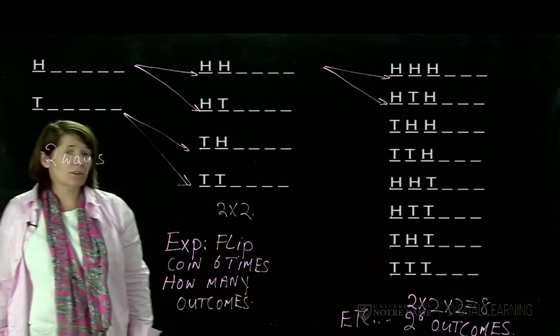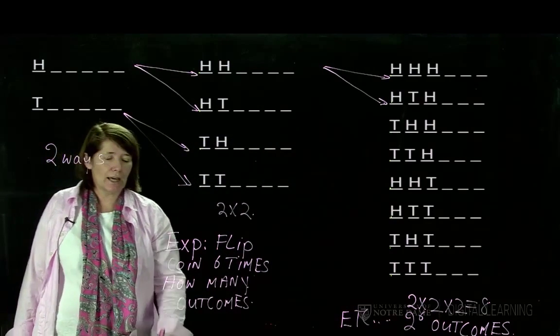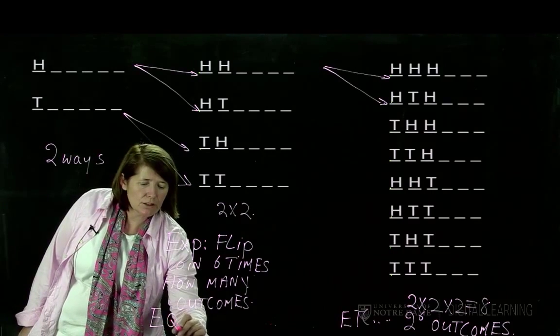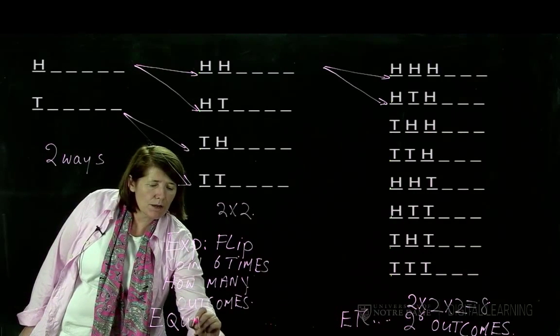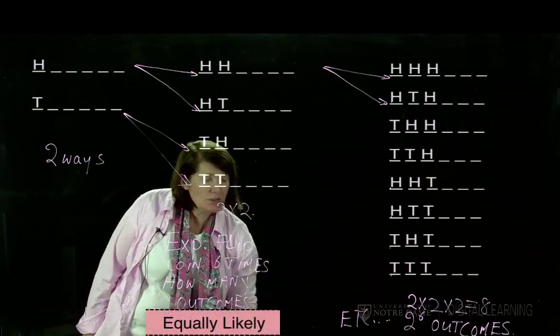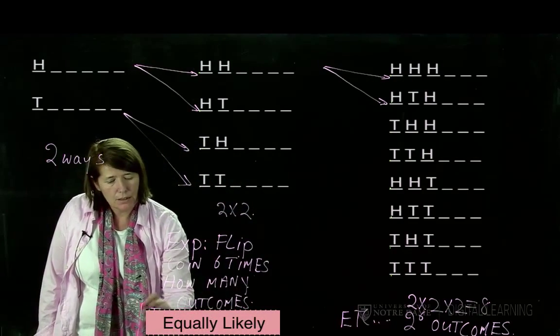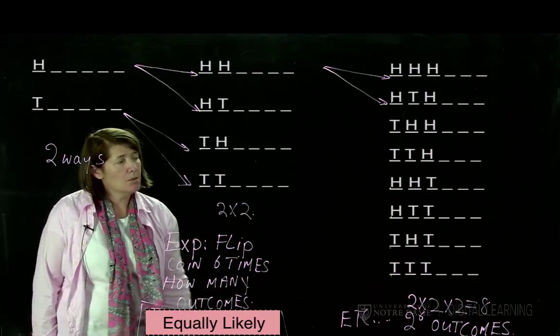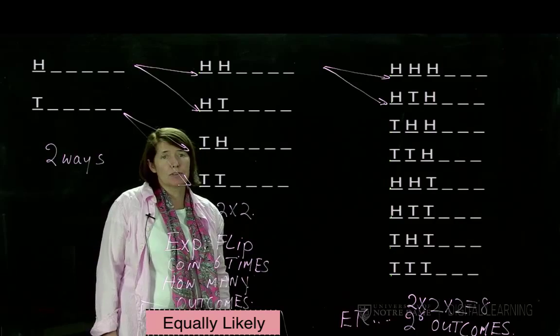Now each of these outcomes is equally likely, so therefore I'm going to assign each one the same probability. And of course, that probability is going to equal 1 divided by the number of outcomes in the sample space.